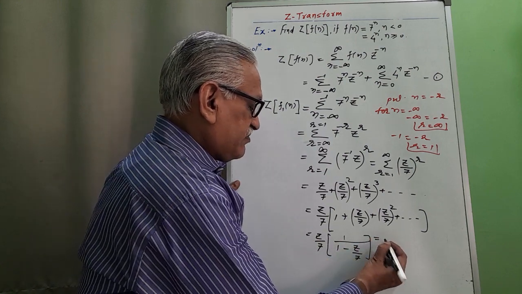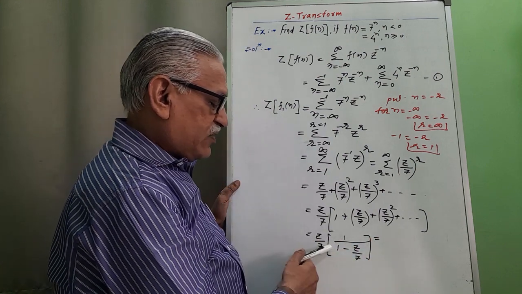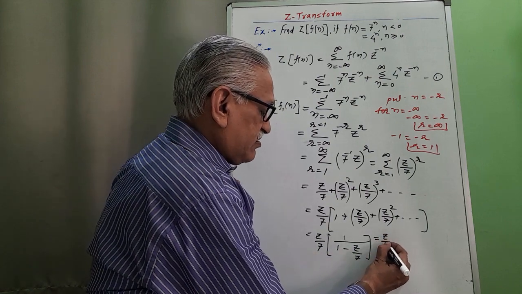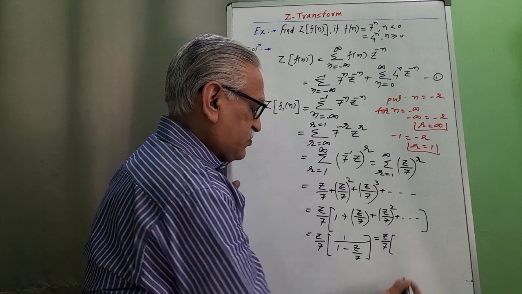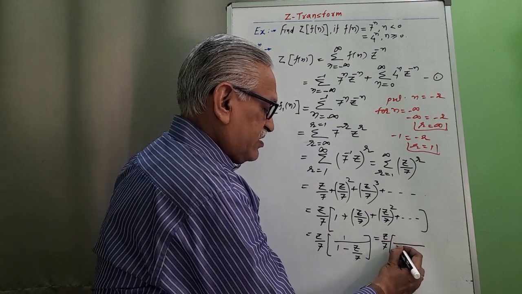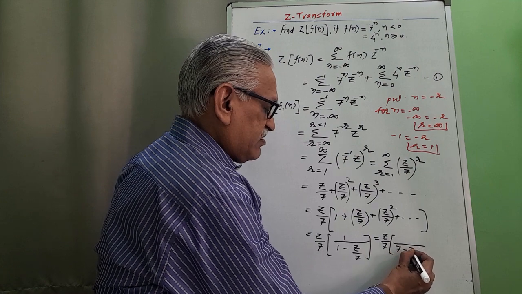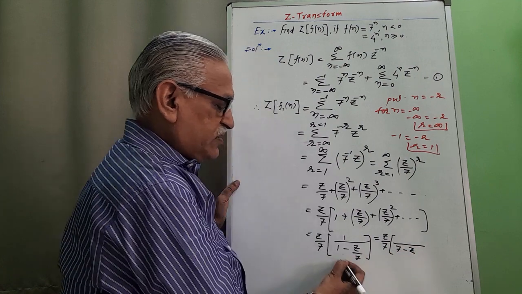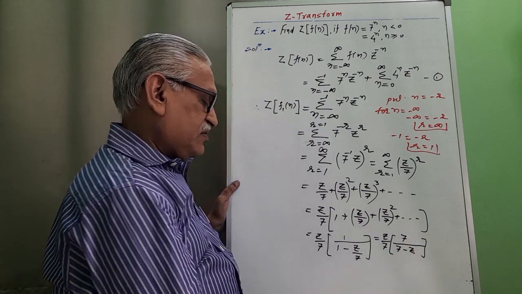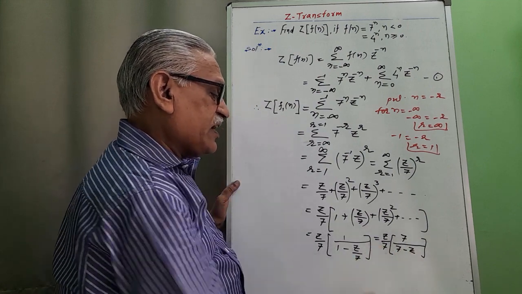Rewriting it by cross multiplying by 7, we get z by 7 into 7 minus z whole divided by 7. 7 goes to numerator, this 7 gets cancelled.